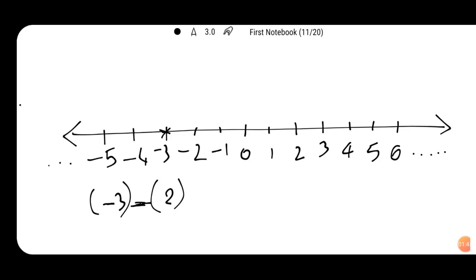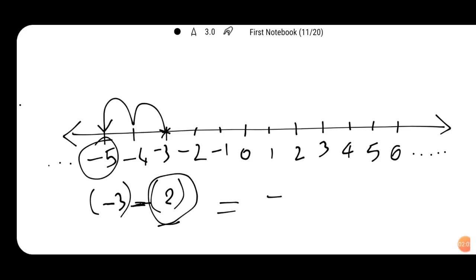It is a positive number here, so we will move towards the left of negative 3. How many jumps? 2 jumps. So 1, 2. The answer for this is negative 5. That is negative 3 minus positive 2. Our answer is negative 5. This is how to subtract integers using a number line.